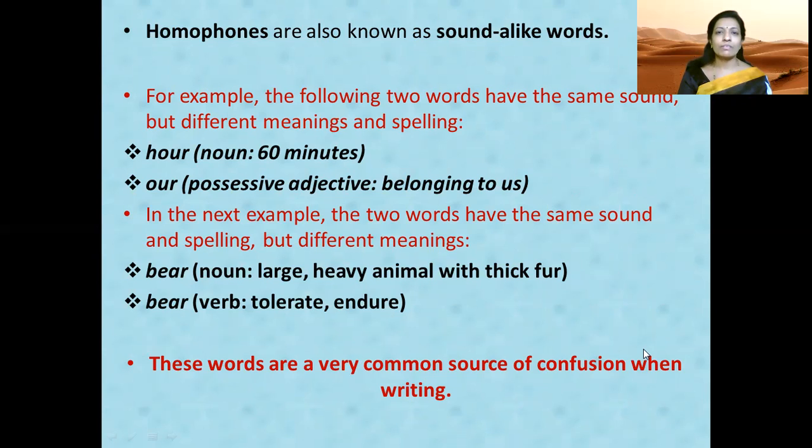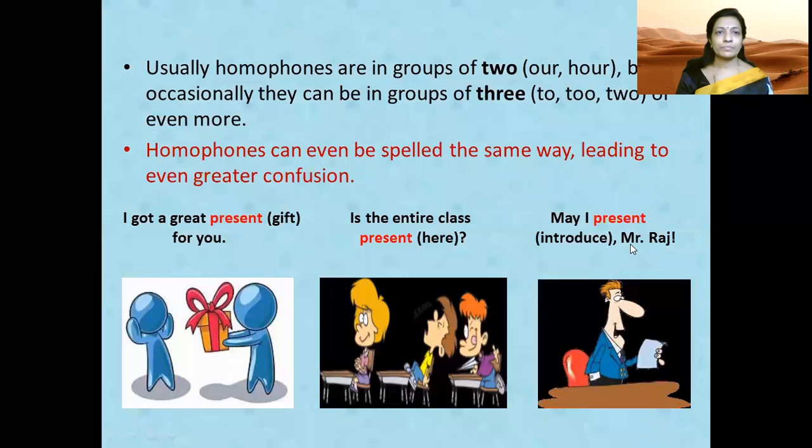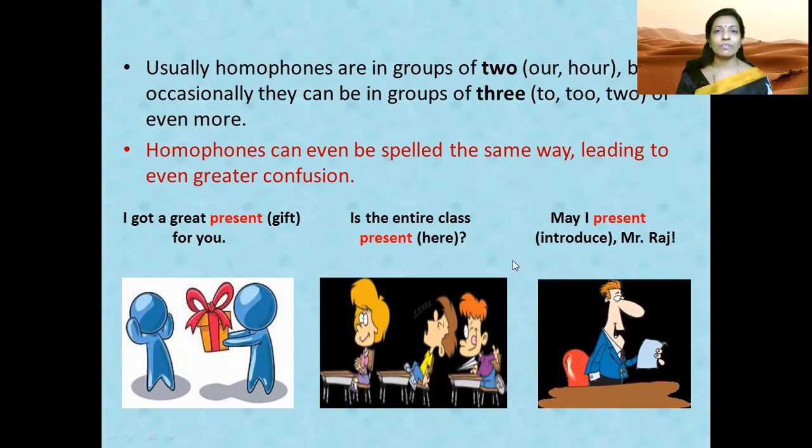Homophones are words which create a lot of confusion among English speakers. So, it is very necessary that we understand this concept and improve our vocabulary by learning a wide range of homophones. Usually, homophones are words which are found in groups of two, like we earlier saw, hour and our.